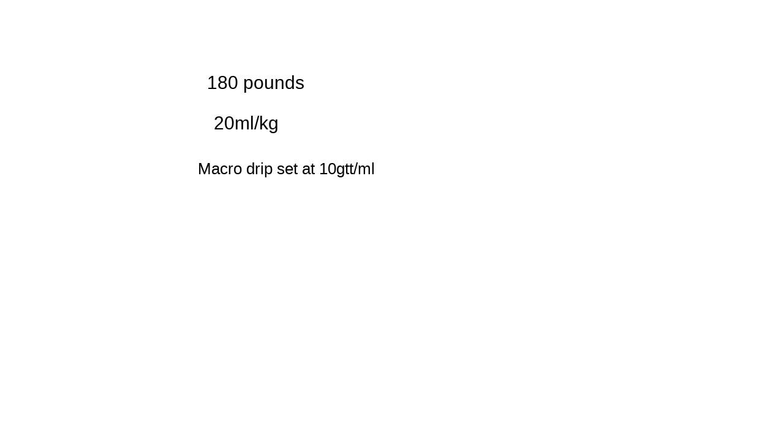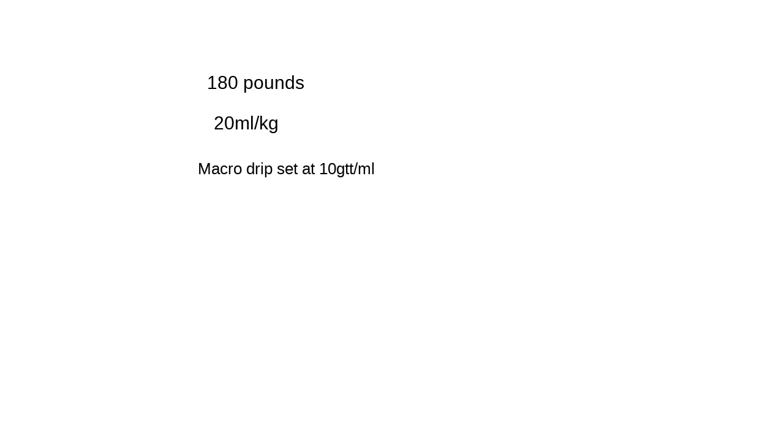All right. So the patient would require 1,600 mils. Using the rule of 10 or the 2.2 rule, you convert 180 pounds to kilograms. You divide 180 by 2.2, you get 81, you round it off to 80, and multiply that by 20 mils per kilogram.